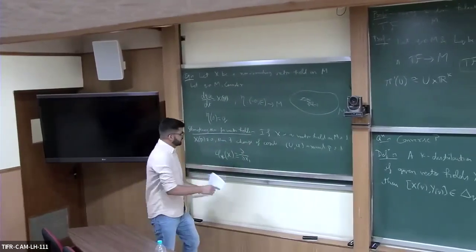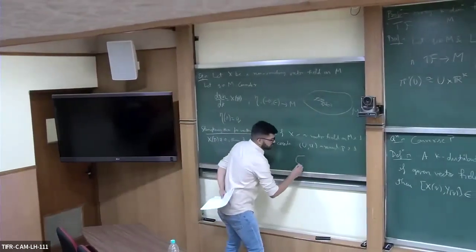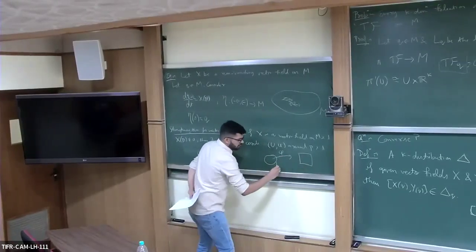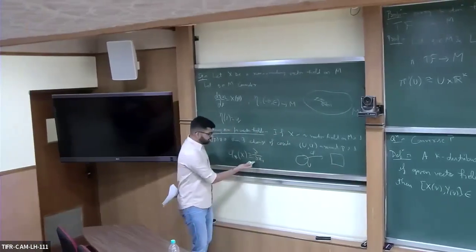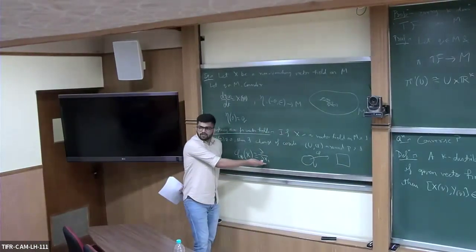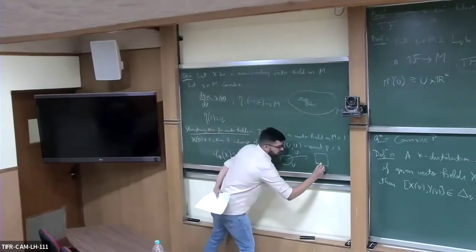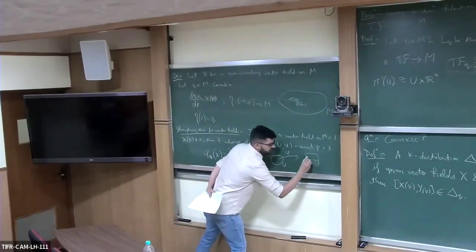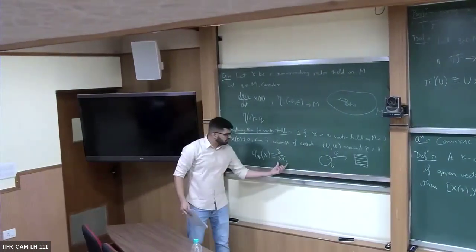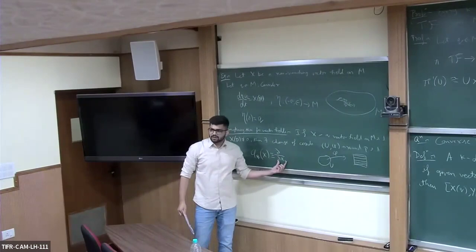And this exactly gives us, if this is my chart, what are the integral curves of this vector field? These are these one-dimensional parallel disks. We solve the differential equation corresponding to this vector field.